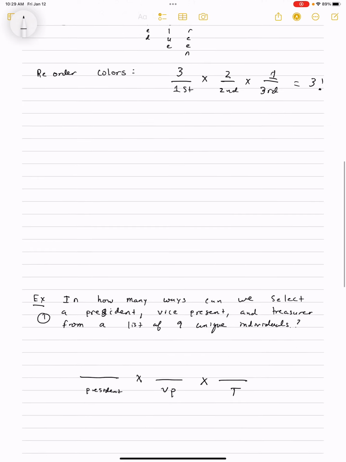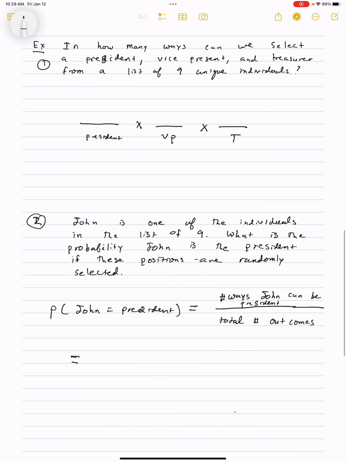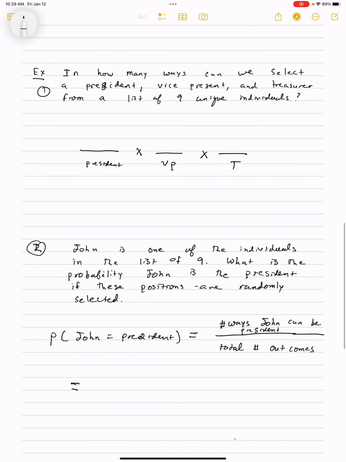Okay, now for this last example, I want to ask you, in how many ways can we select a president, a vice president, and a treasurer from a list of 9 unique individuals. So for the president, there are 9 options to select from.